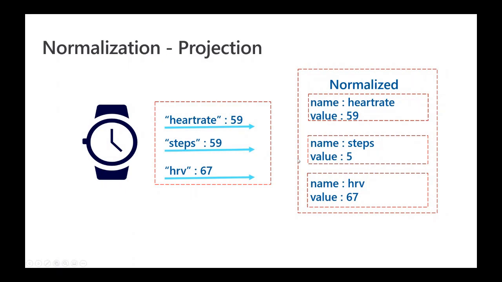But on the processing and storage side, a lot of times your heart rate doesn't really have any direct correlation to your steps or your heart rate variability, and you'd want to store them in separate observations in FHIR. So to accomplish that, our normalization step also supports projection. You can configure it such that these would get split out, and then they could be stored as separate observations in FHIR once we get to that step.